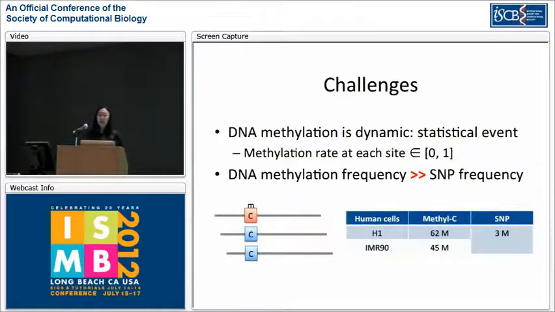Then we're back to our original problem, which is unfortunately most of the cases, because DNA methylation happens at a much higher frequency than SNPs. What I'm showing here is just an example for the human. It's known to have around 3 million SNPs, while for the stem cell H1 line, 62 million methylcytosines have been detected. In the fibroblast cell line IMR90, 45 million.